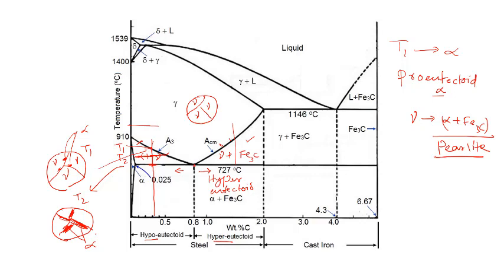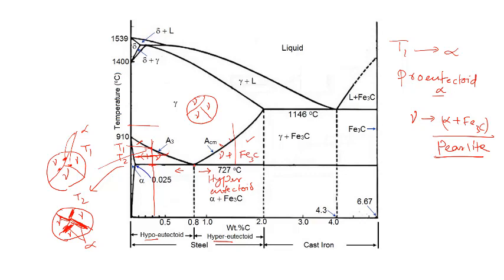Okay, the fraction of the alpha phase will increase, right? And then as you come down to the eutectoid temperature, this remaining austenite phase that you have will transform into pearlite.